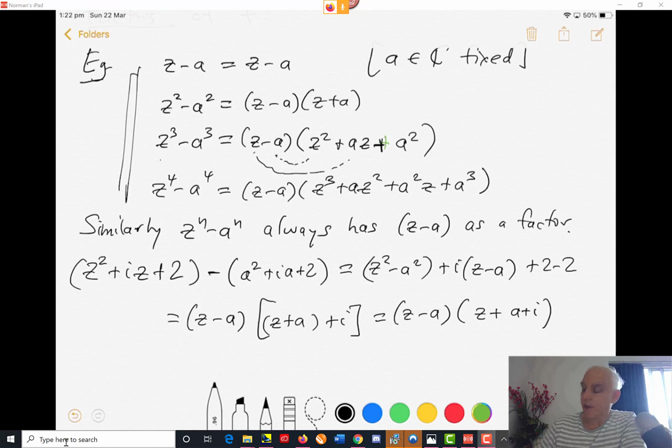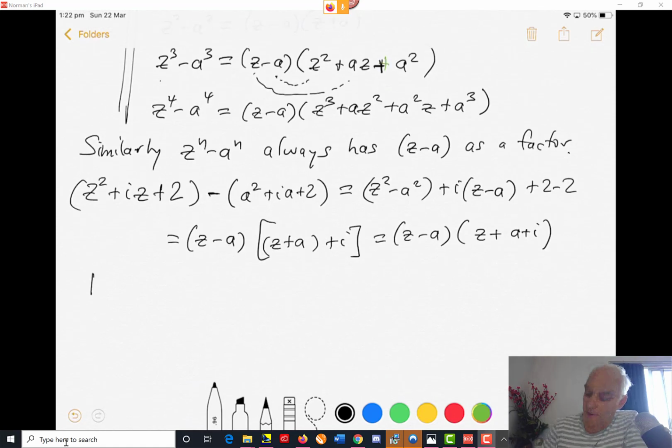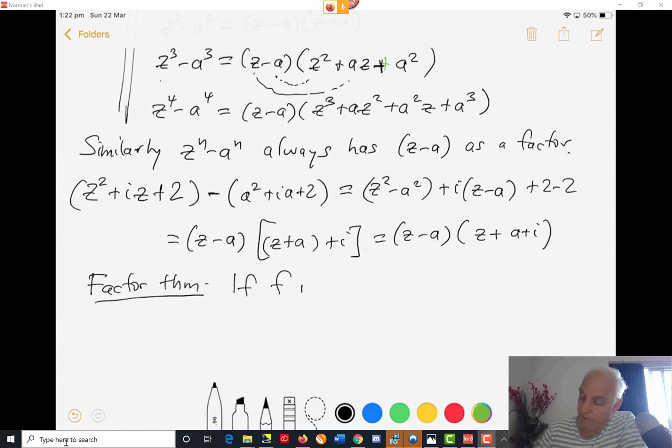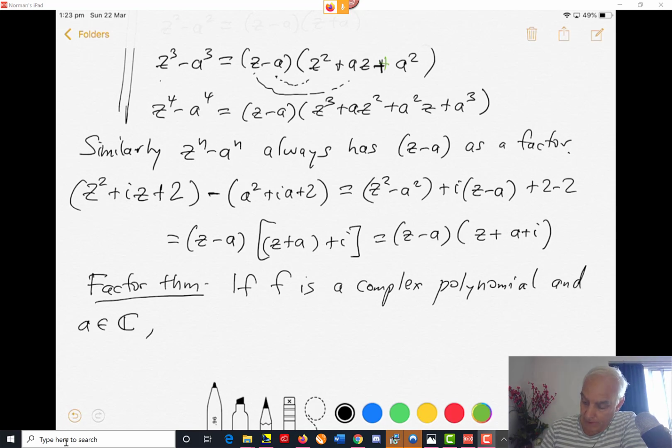So what this shows actually is a special case of the following factor theorem. A factor theorem for complex polynomials, which is that if f is a complex polynomial and a is a fixed complex number, then f of a equals 0.